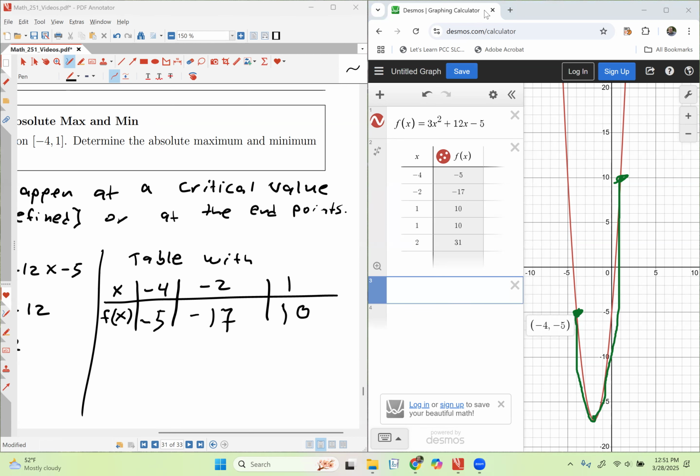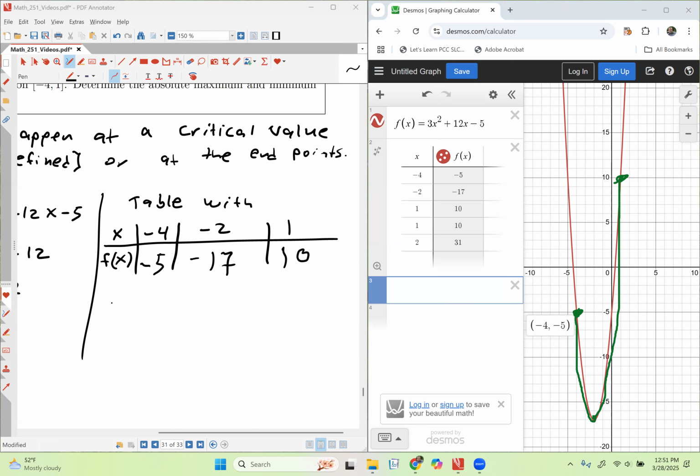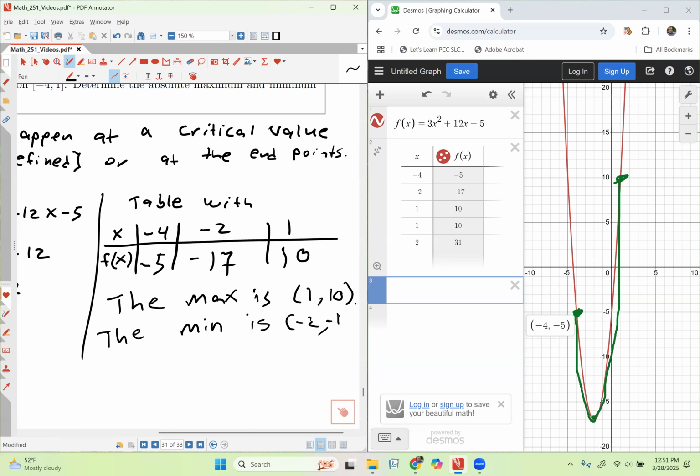So for this interval, the maximum is the largest value. So the max is happening at that spot, 1, 10. And the minimum is happening at the smallest spot. The smallest spot is the negative 2, negative 17.